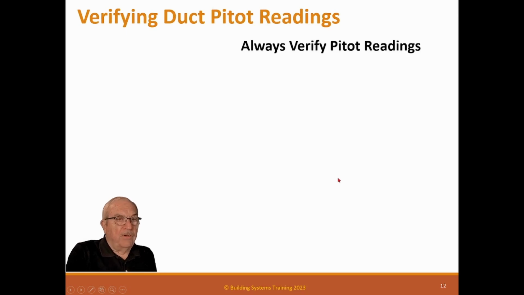So you want to verify your pitots, and the way you verify a pitot is trying to find another reading somewhere else or another pitot. You can compare them to total grill flow, and compare what happens between your pitot and the total grill flow. There would be duct leakage, so you should have a difference. Your pitot should be slightly more than the downstream grills, not a lot.